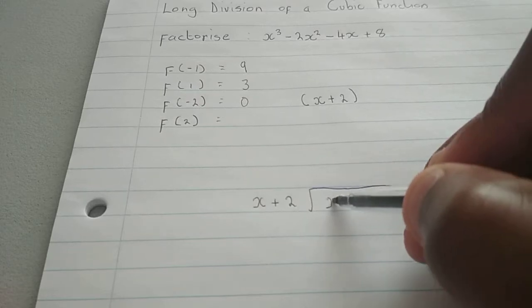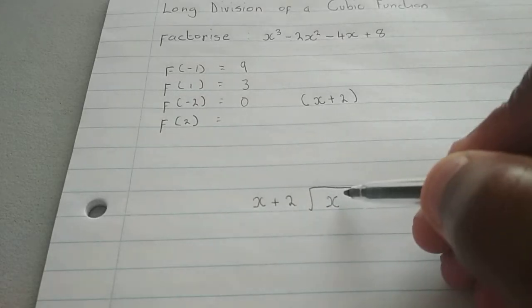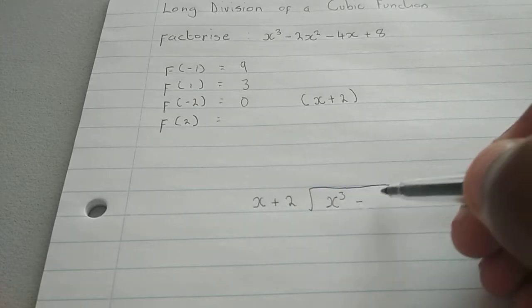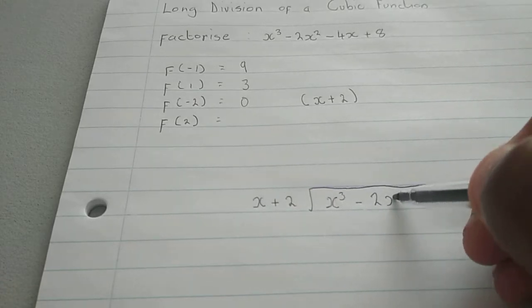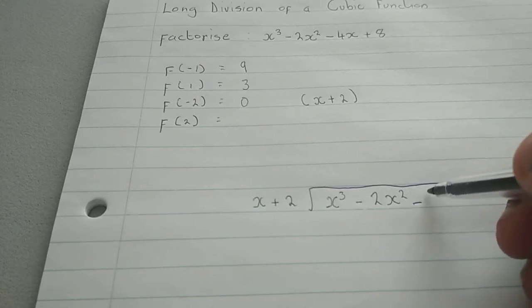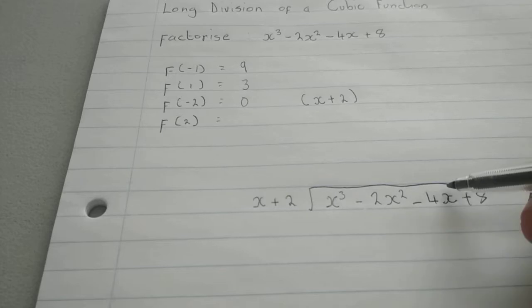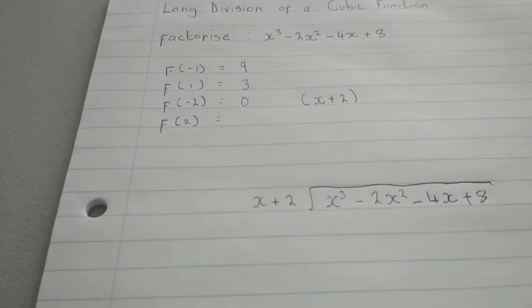This is our normal sign for long division, or just dividing. x cubed minus 2x squared minus 4x plus 8. So we put the whole function under there. All right, cool. So we're dividing the whole function by x plus 2.